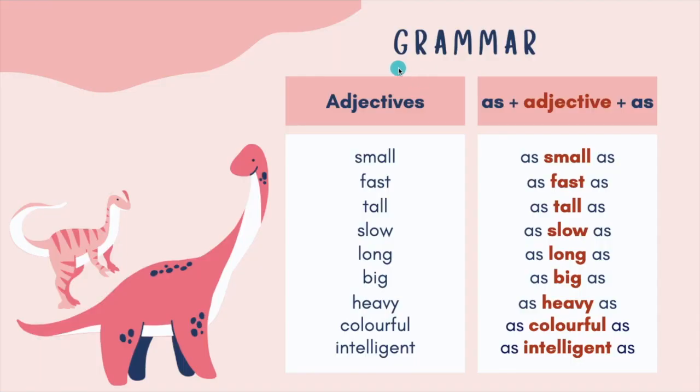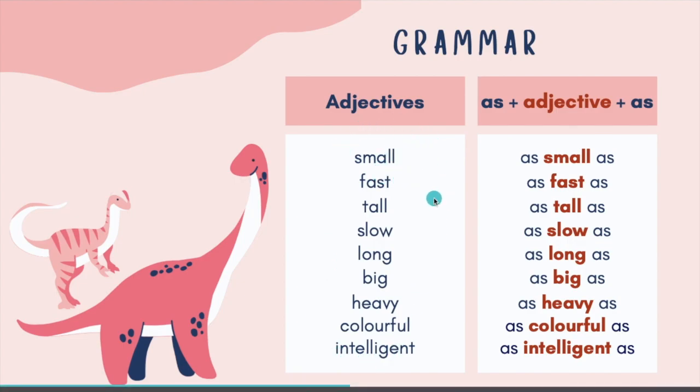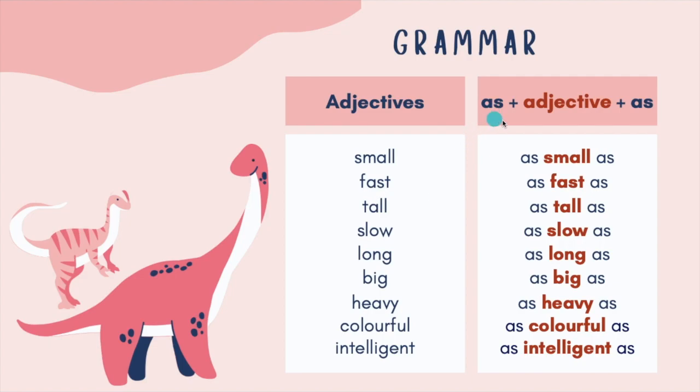So today we are moving on to the second part of grammar, comparative adjectives. But for this one, it's a little bit different. These are the adjectives or kata sifat where you are going to use this formula: the word "as" followed by the adjective and "as".